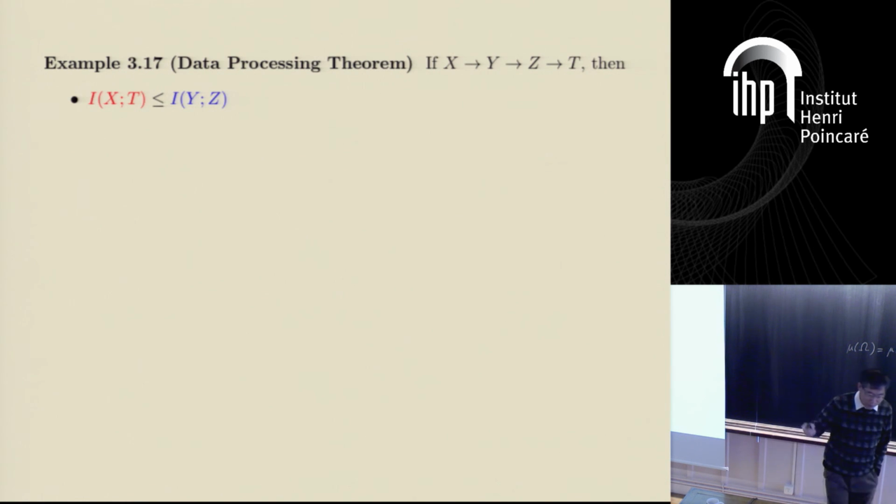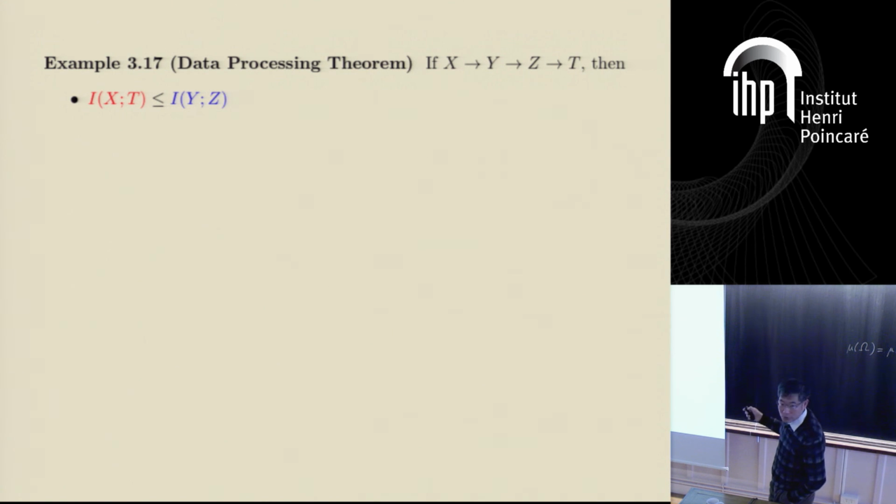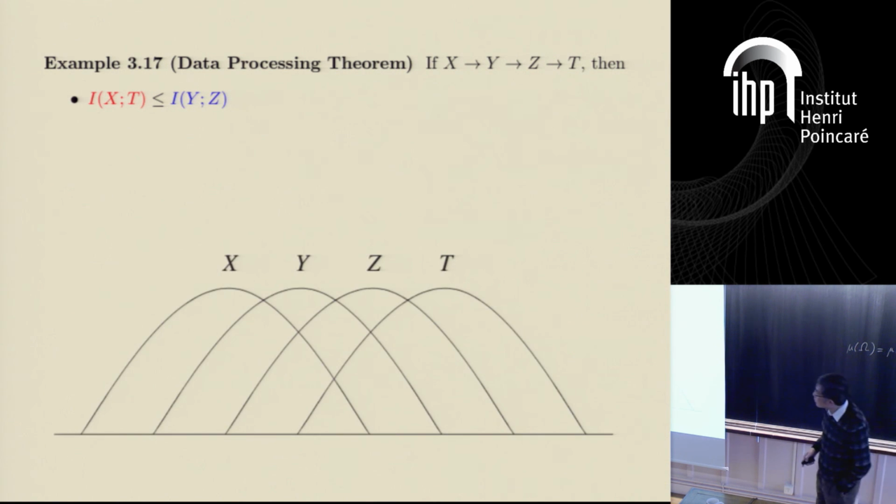Now, some applications of information diagrams. The first illustration is the data processing theorem, which is very well known. If you have a Markov chain like this, x, y, z, t, then the mutual information between x and t, which are the 2 variables on the side, is always upper bounded by the mutual information between the 2 variables in the middle. In terms of the information diagram, this is very clear.